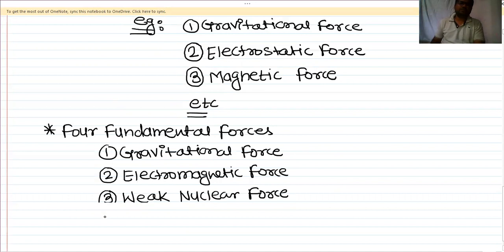And the last one we have is the strong nuclear force, or else you can directly write nuclear force.